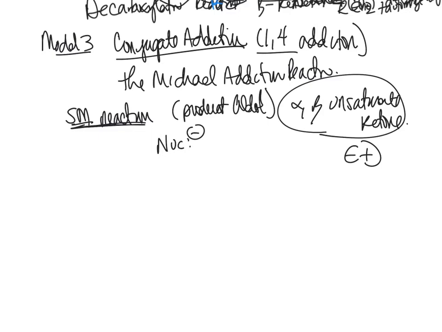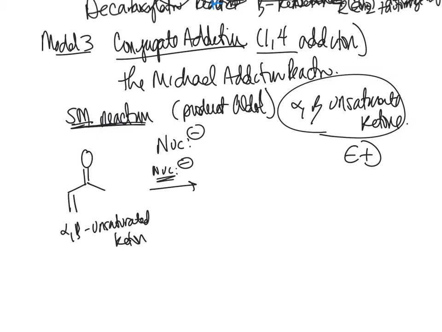So let's look at this. Alpha, beta, unsaturated ketone. And then you add a nucleophile. And notice the nucleophile has added at the beta position.